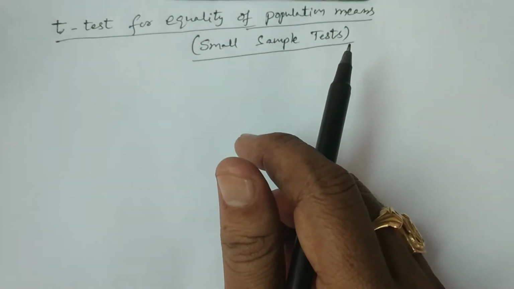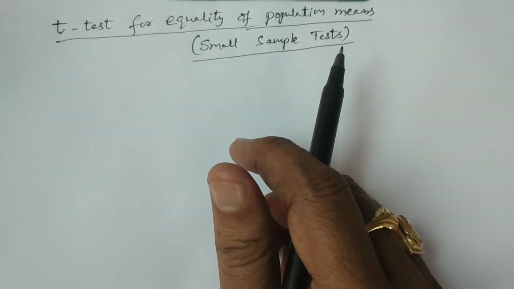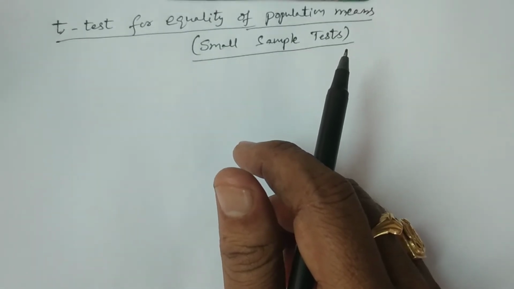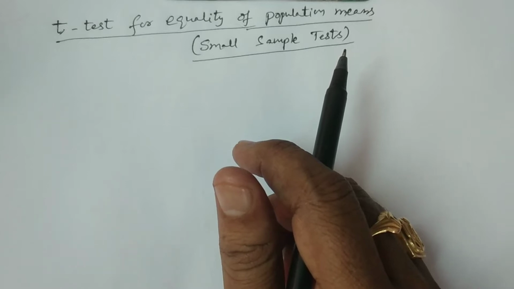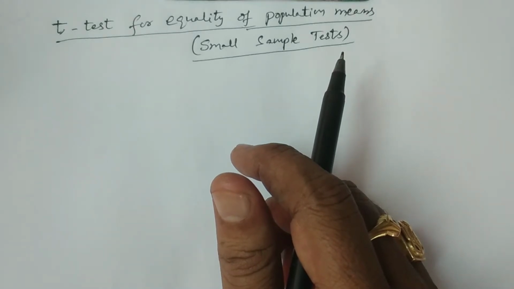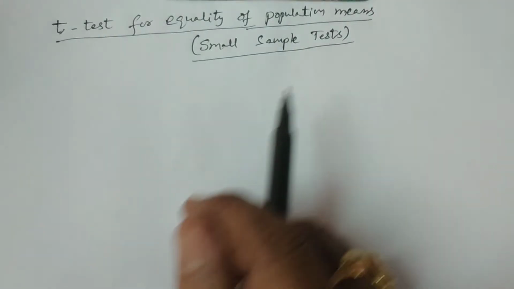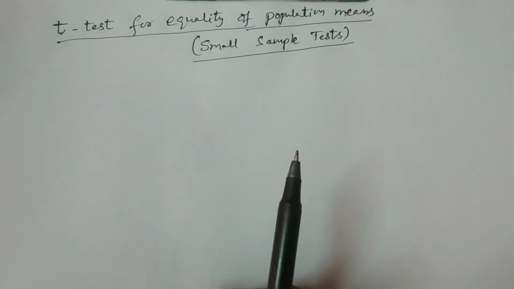From one population we consider one sample, and from another population we consider the second sample, so that the test procedure is going to be conducted based on means, that is sample means and population means. The population statements are going to be tested with the help of the sample data and the sample means, right?